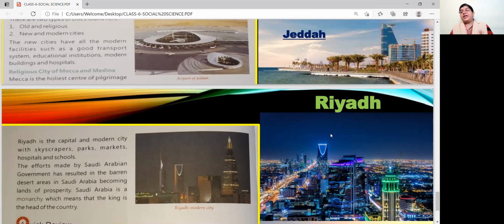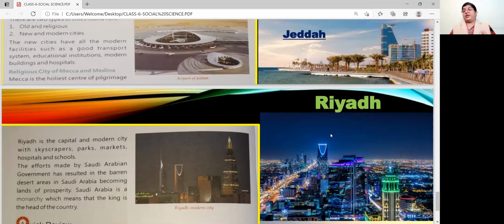And they have changed the barren land into lands of prosperity because they have a lot of money from the oil refineries in their country. But still, converting barren land into a land of prosperity is a very big effort by the Saudi Arabian government.